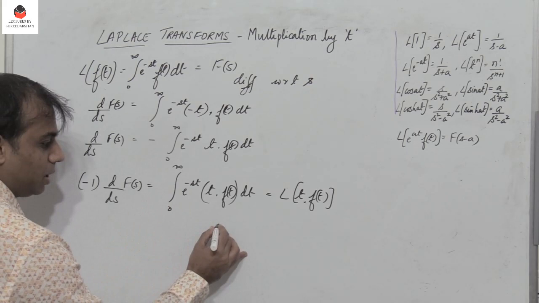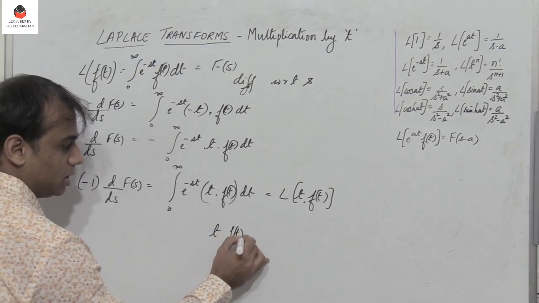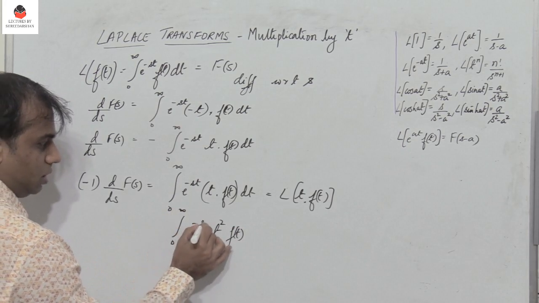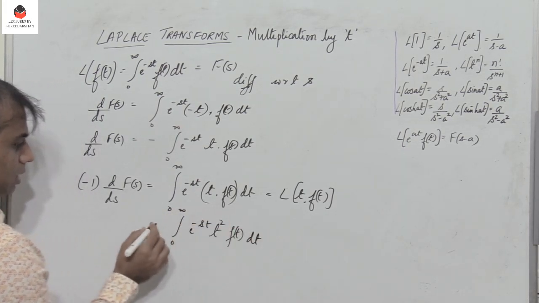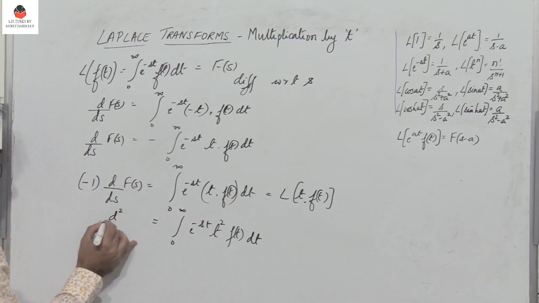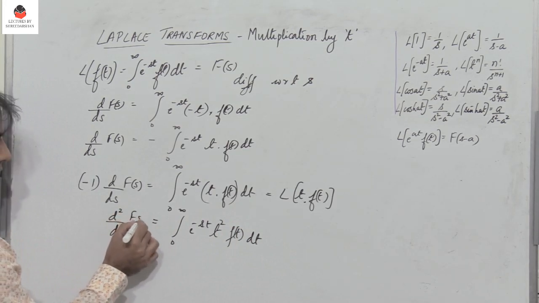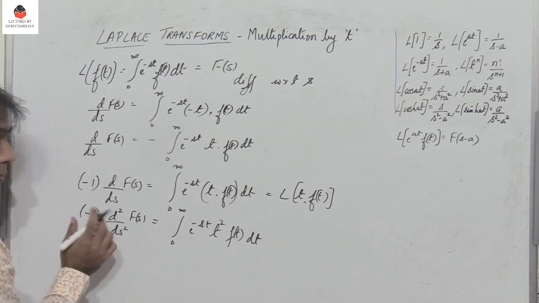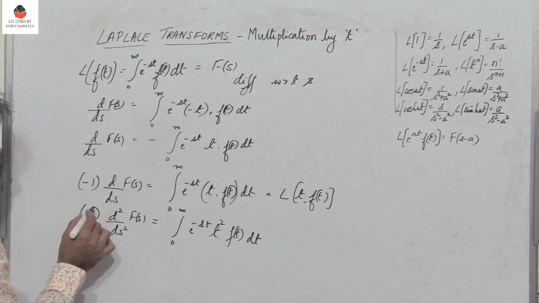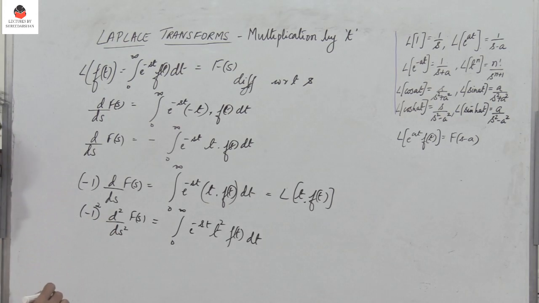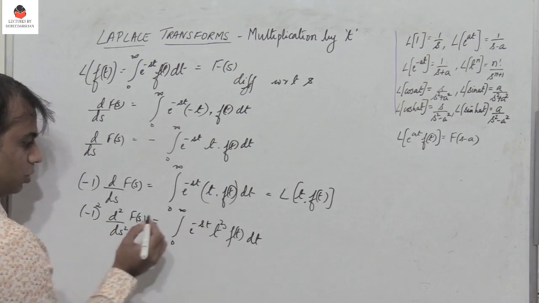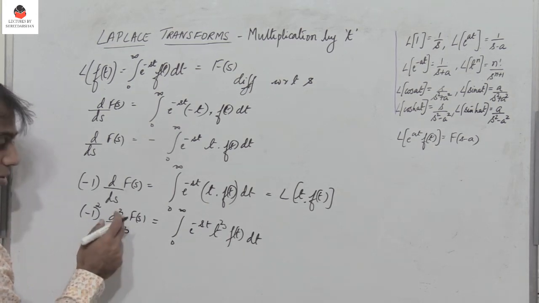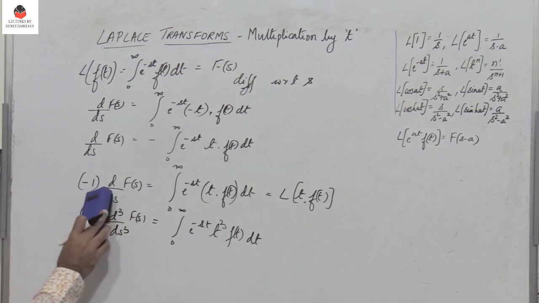Suppose we multiply f of t with t twice. That means if I have t square f of t, then what happens? Then it would be differentiating f of s with respect to s twice, and you need to multiply this term with minus 1 two times, so it would be minus 1 whole square. So if it is t cube, then it is differentiating f of s with respect to s thrice and then minus 1 whole cube.